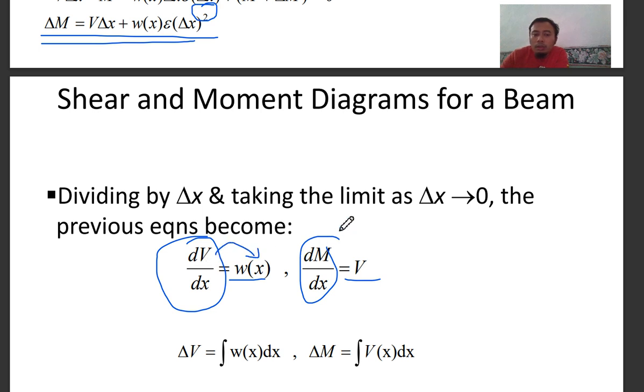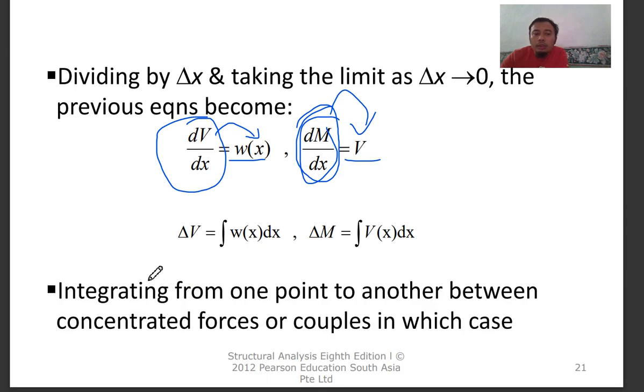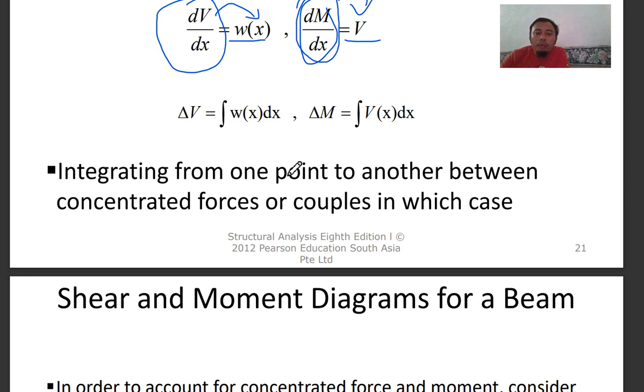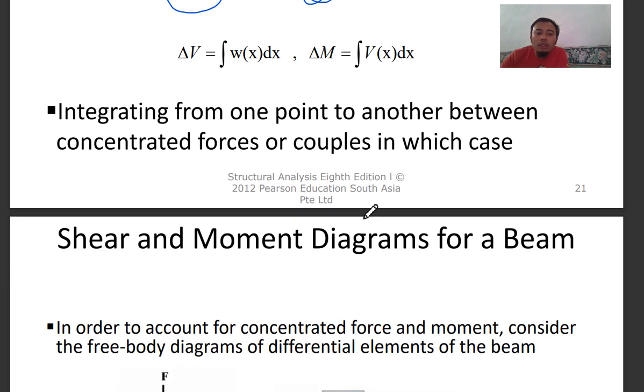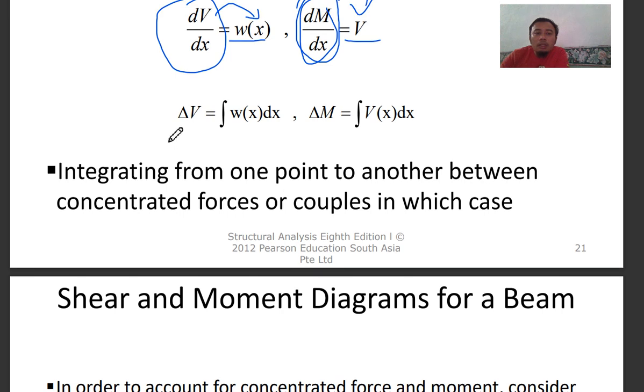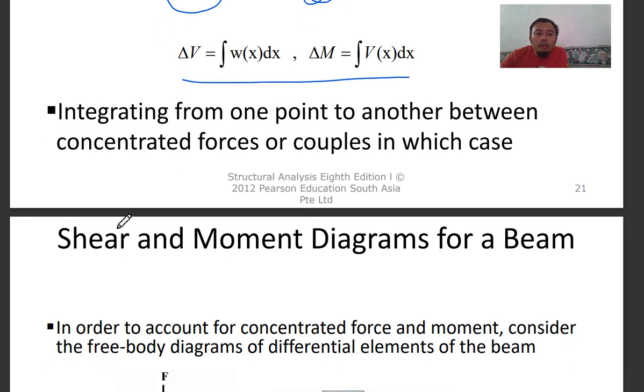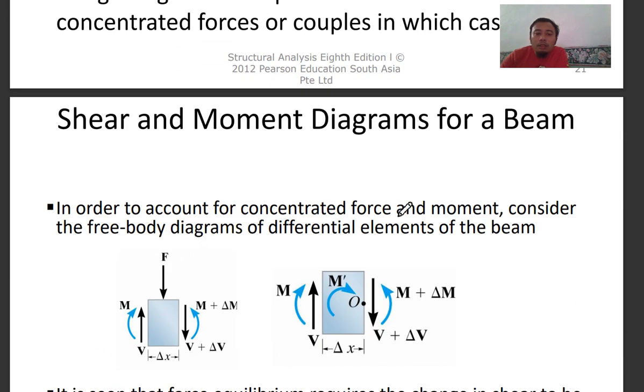When you differentiate the function of moment, you get your shear value. So we integrate from one point to another between concentrated forces or couples. In order to account for concentrated force and moment, consider the free body diagrams of differential elements of the beam.